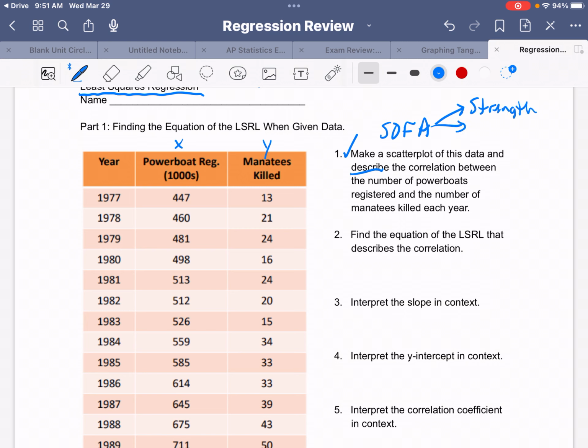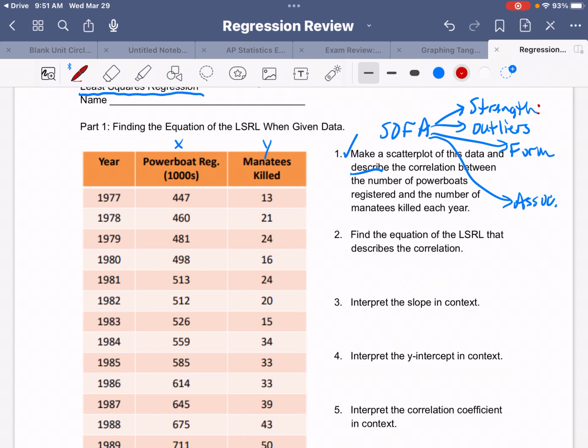The O stands for outliers. The F stands for form. And the A stands for association. In order to get full credit describing a correlation from a scatter plot, you must describe the strength, any outliers, the form, and the association.